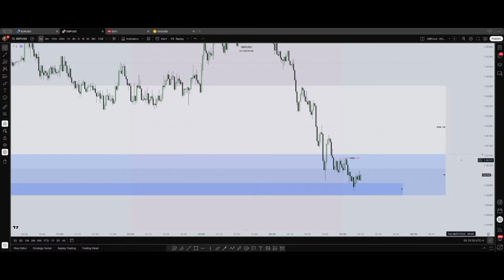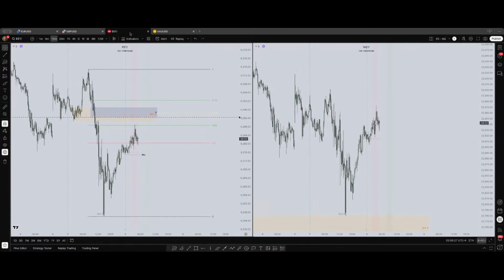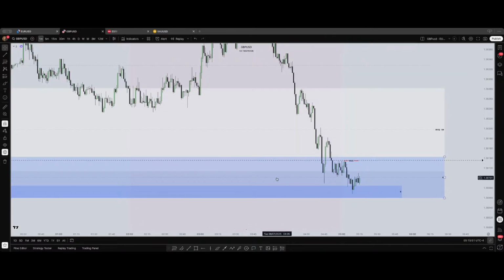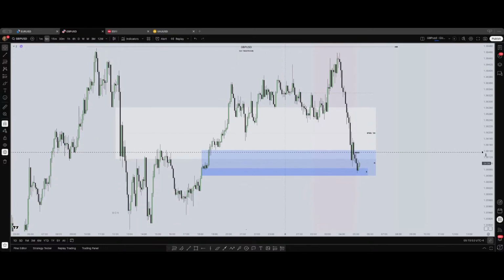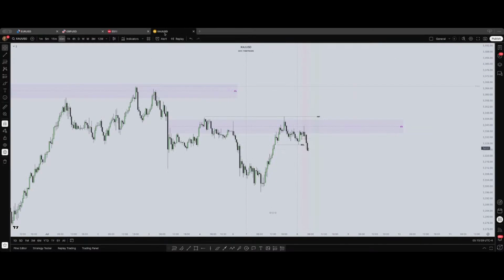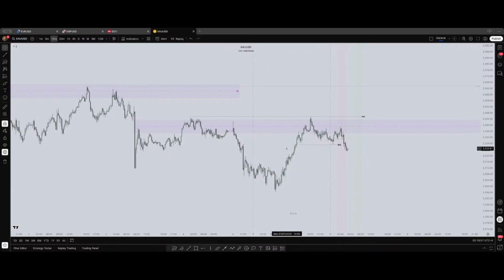So what I will do is put an alarm and wait for price to break this high. So far nothing more. Gold is slowly going down, but very shy, in a shy way.